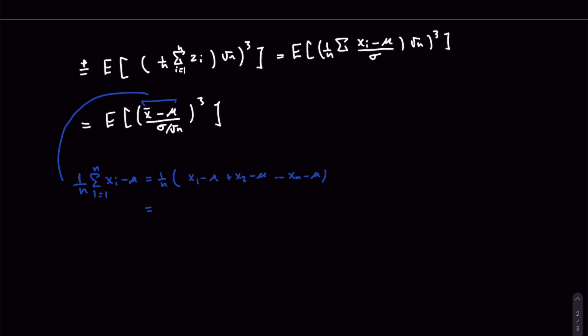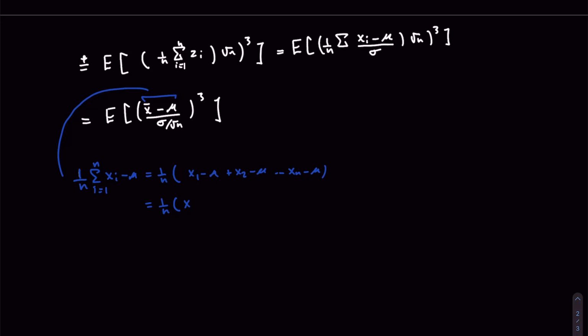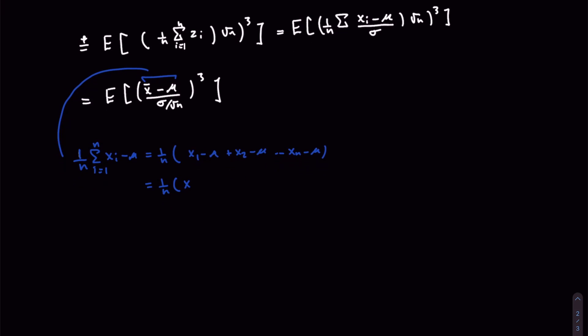Now we have then n mu's, right? So we have 1 over n and then x1 plus x2, and so on up to xn, minus n mu's, as I just said.